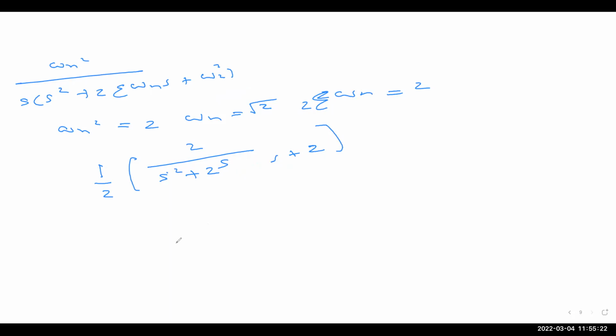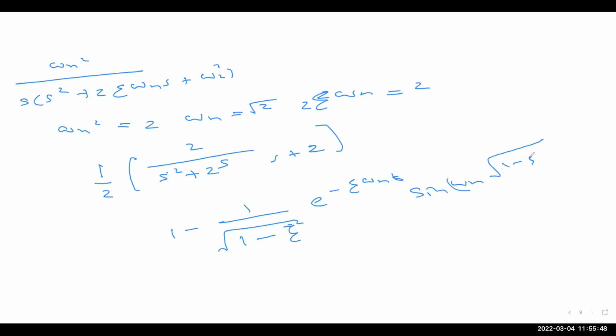That is 1 minus 1 over square root of 1 minus theta squared, e to the minus theta omega n t, and sine of omega n square root of 1 minus theta squared t plus.